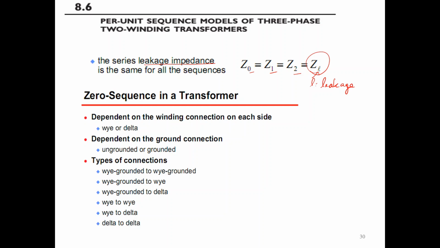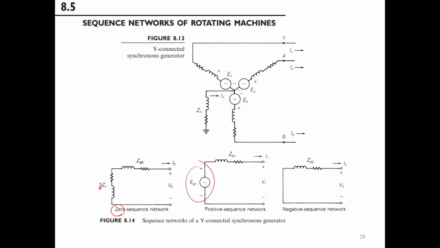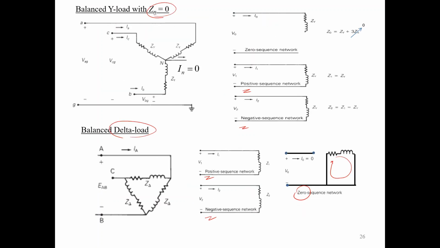Since we can have different topologies of the transformer, you can have independent windings on both sides. You can have different connections on primary and secondary, Y or delta, either grounded or ungrounded. This affects the neutral path, so we can apply this kind of circuit.